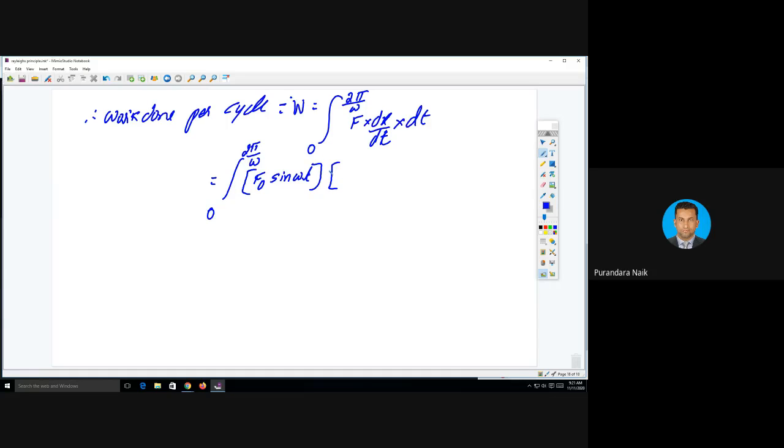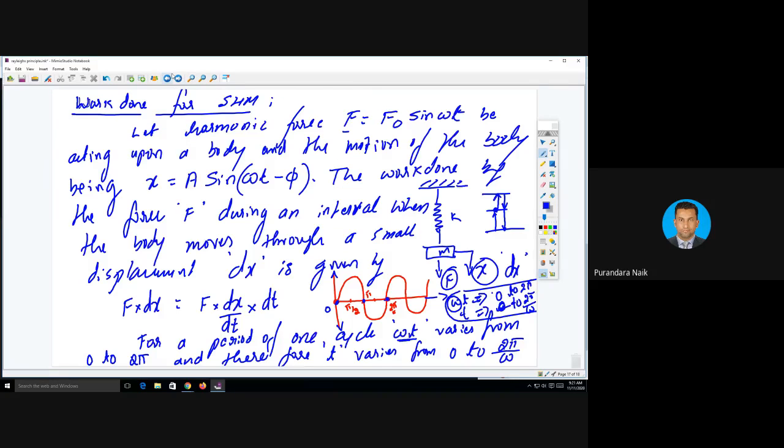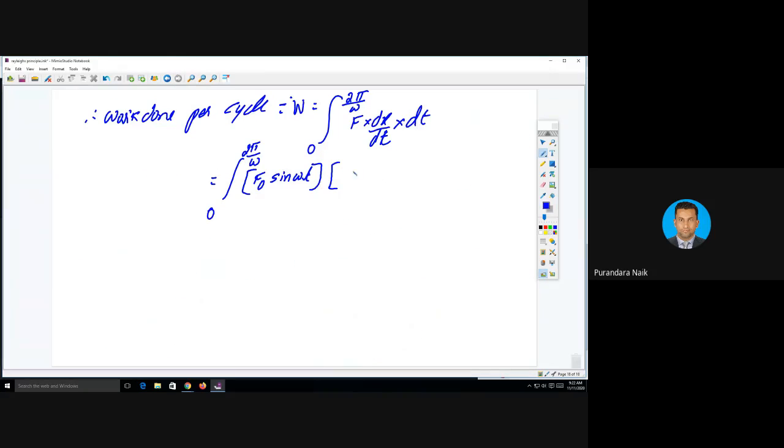Into dx by dt, the differentiation of x with respect to time. X is here. If you differentiate this equation with respect to time, we will have a omega cos of omega t minus phi.